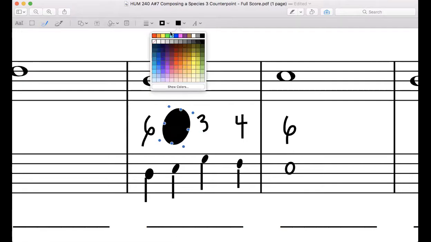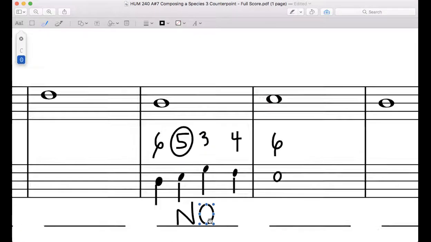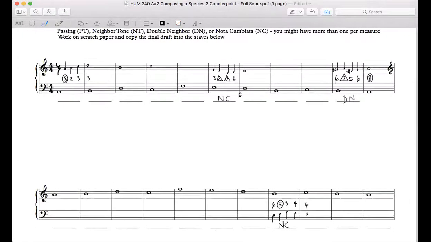And again, that is the Nota Cambiata. Okay, notice that NC, not NO. There we go. All right. So I just used two different places to give you an example of the Nota Cambiata. And of course, you don't have to use the Nota Cambiata. It's just good to know that you have another tool in your tool belt.